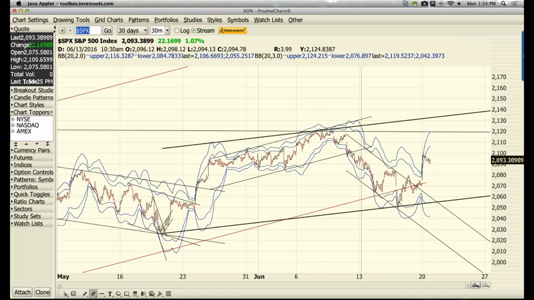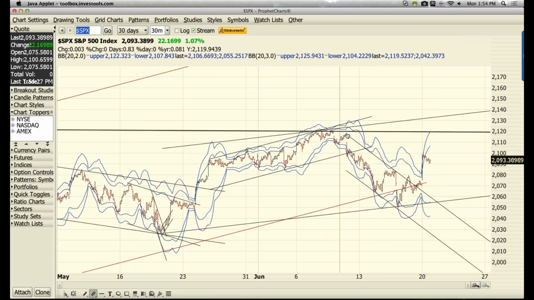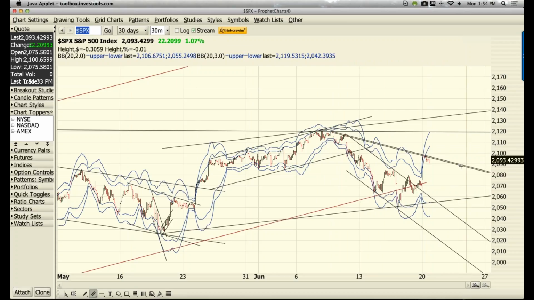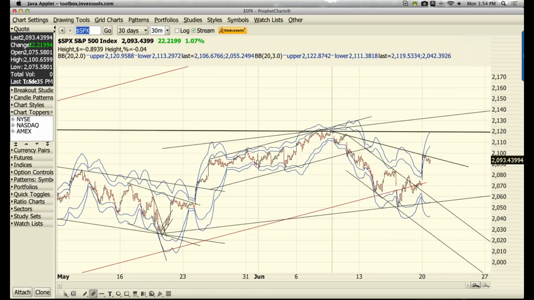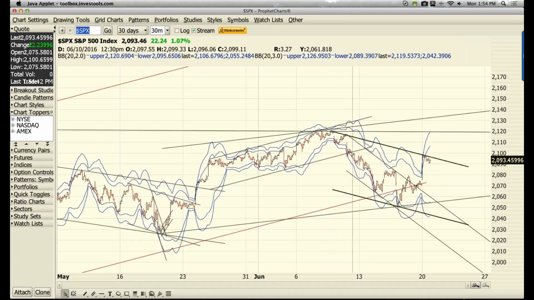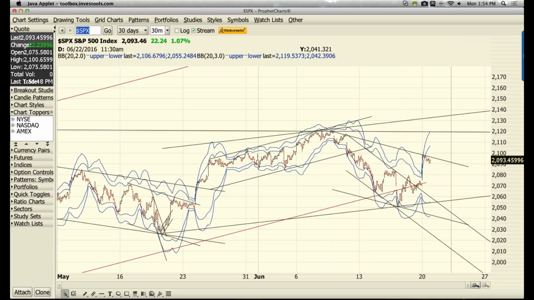What I'm going to do is see whether or not this natural level of resistance right here ties back to anything, and it does. It ties back to these two prior declining levels of resistance, and then my one level of support still ties to pretty much the same level of support that we had here before.